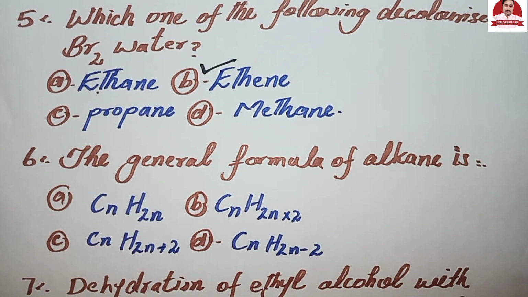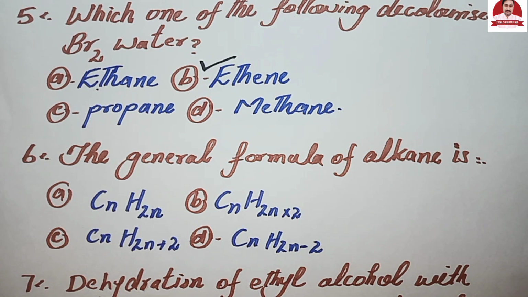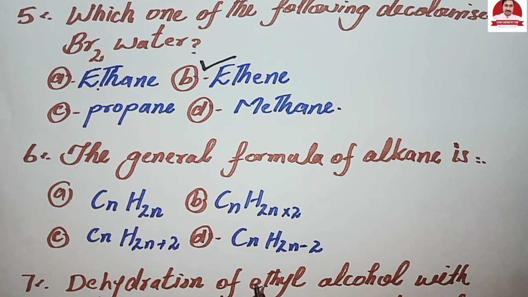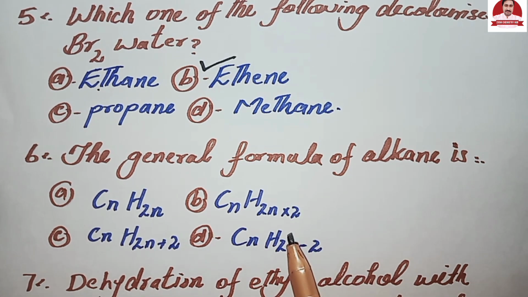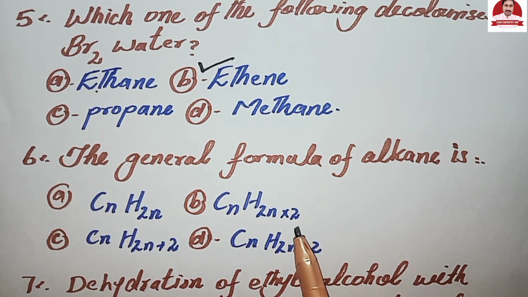Next question, very simple and easy. The general formula of alkane is option A, option B, option C, and option D. Here most students get confused by small and negligible mistakes.